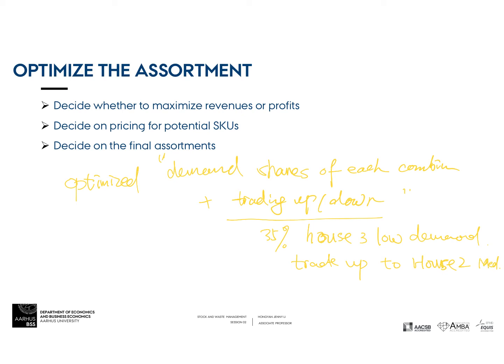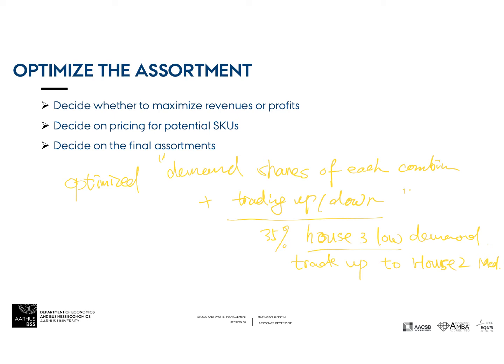However, this is not actually aligned with the expectation from the manager. The manager actually expects many more of the house 3 low demand to trade up to house 2 medium. So the question now is, should this store change their assortments?